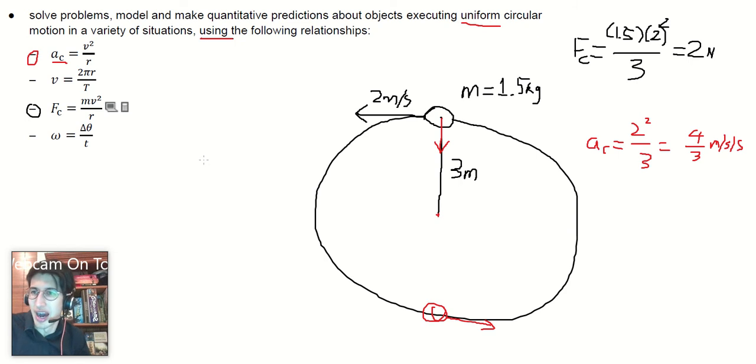Okay. Let's look at this next one. Now, this next one I really like because it looks like a lot's going on at first, but then the more you look at it, the easier it is. This is just a simple distance, speed, time equation. Velocity is equal to displacement over time. In this case, the displacement is 2 pi r, the circumference of a circle, and t is the period.